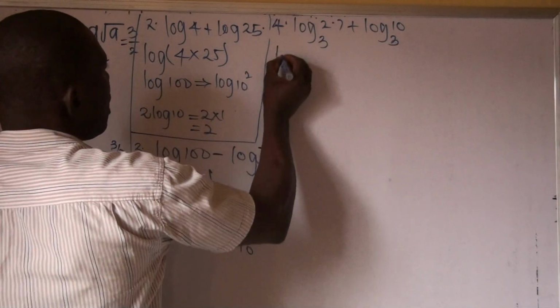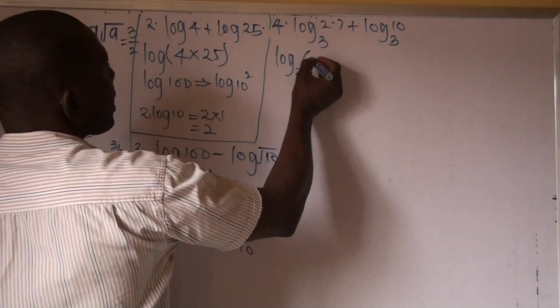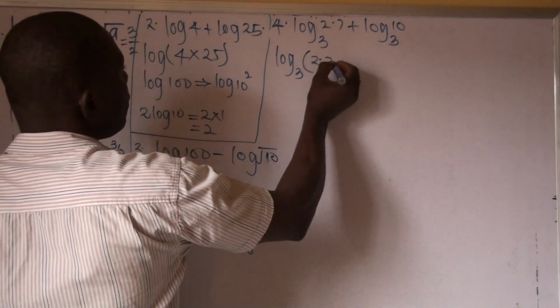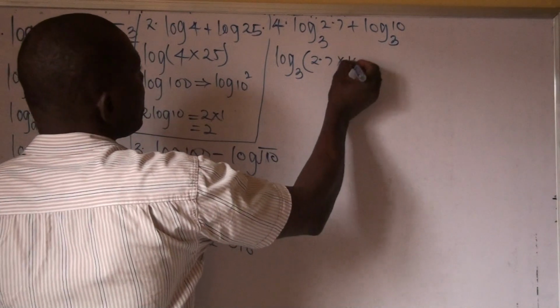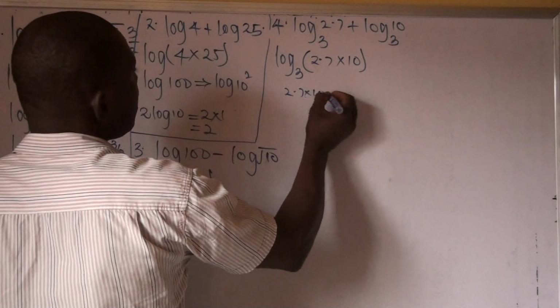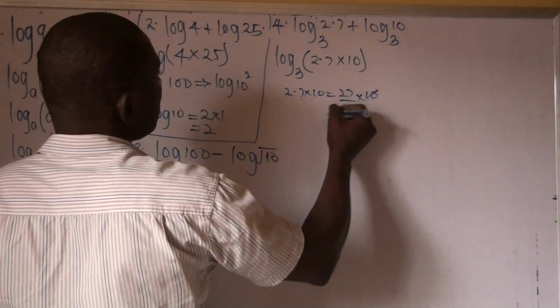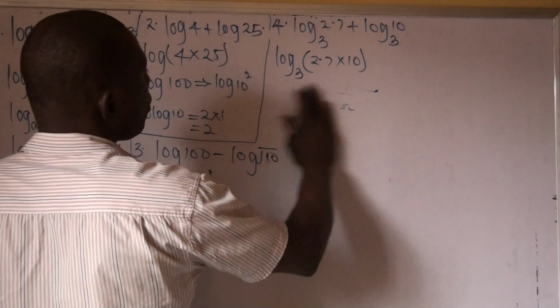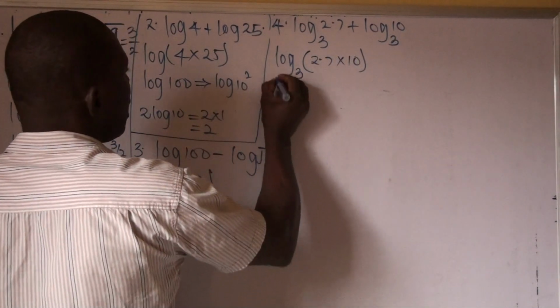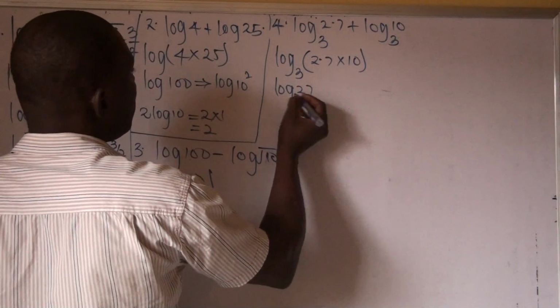So this is log base 3 of 2.7 times 10. And 2.7 times 10 simply means 27 over 10 times 10; this will cancel out, and what is left is 27. So this becomes log 27 base 3.